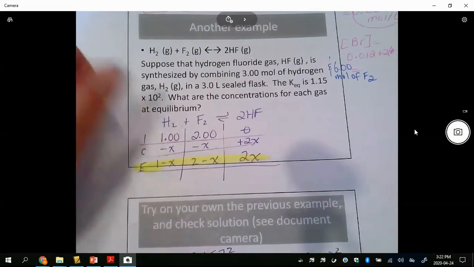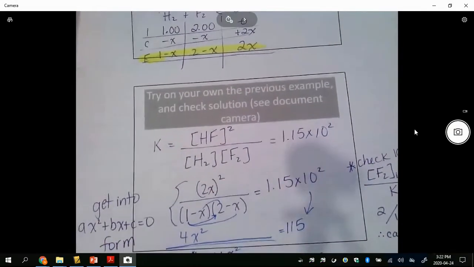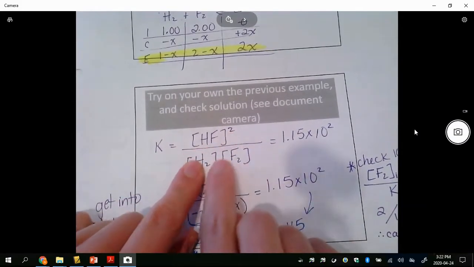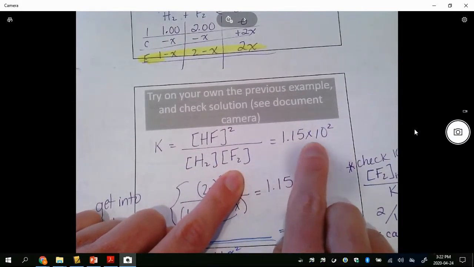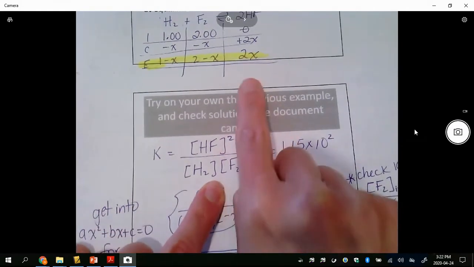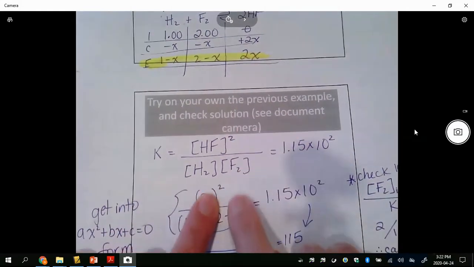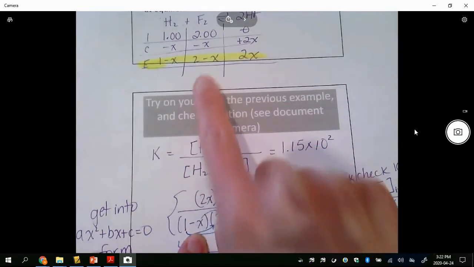And then we're going to plug it into our KEQ expression. So HF squared divided by H2 times F2 gets you this KEQ value that they gave us in the question. I'm simply plugging in what's highlighted into my expression. So 2x squared divided by 1 minus x times 2 minus x.